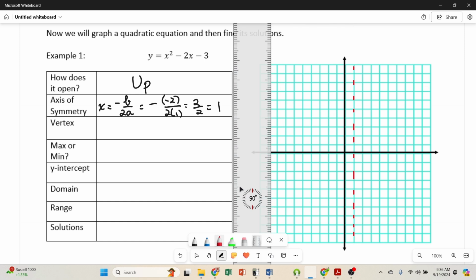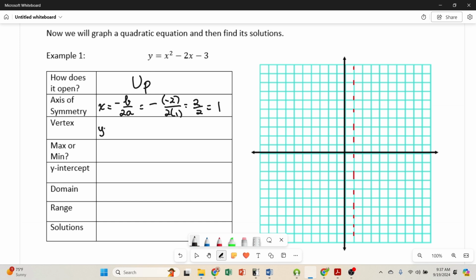Okay, now since we know 1 is the x value of our vertex, we plug that in. So we say y is equal to 1 squared minus 2 times 1 minus 3. 1 squared is 1, minus 2, minus 3. So 1 minus 2 is negative 1.